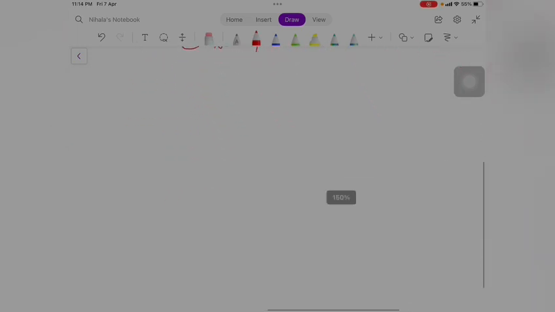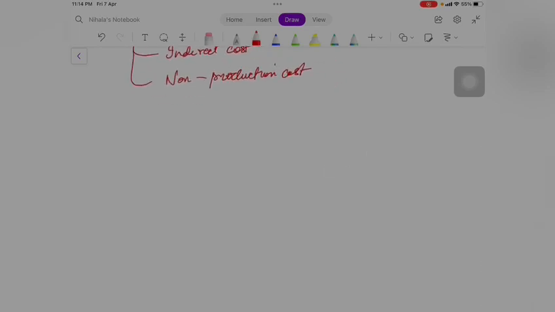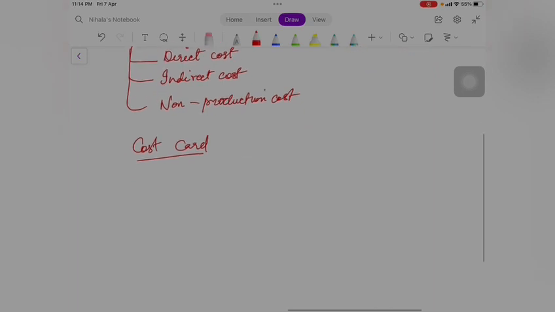Let's see in detail how in absorption costing we prepare a cost card. As I have told you earlier, there are three categories of cost which we take. The direct materials per unit is taken first, which is a direct cost.